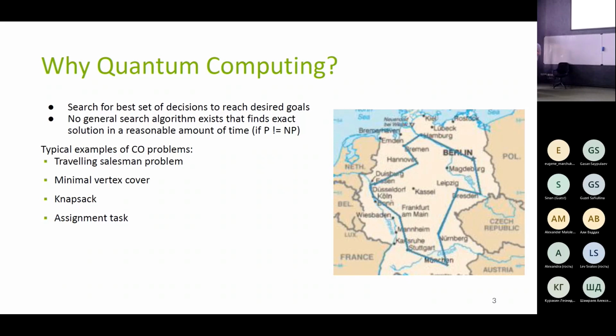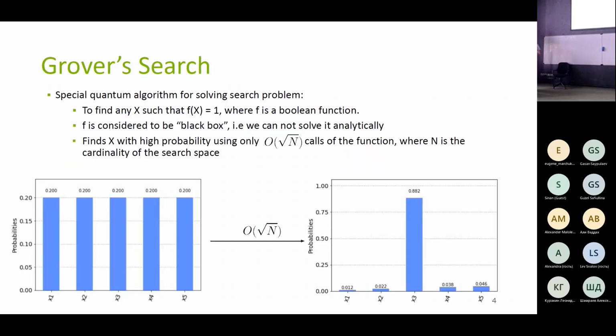But at the same time, quantum computing has proved that it has special tools to make this search much faster. And one of the main tools for that is Grover's quantum search.